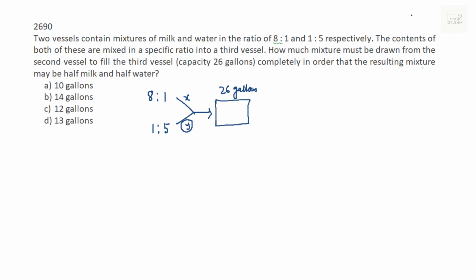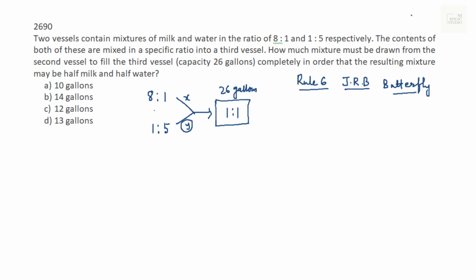Completely, in order that the resulting mixture be half milk and half water, that means here the ratio of milk and water should be 1:1. Fine. To solve these kind of questions in no time, I'll again use rule 6 from the Jungle Rule book, and that is our butterfly diagram. How?